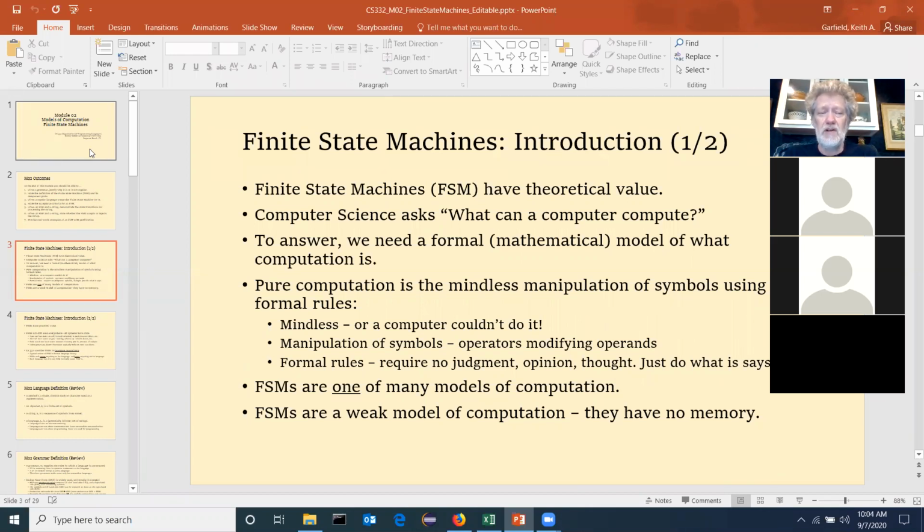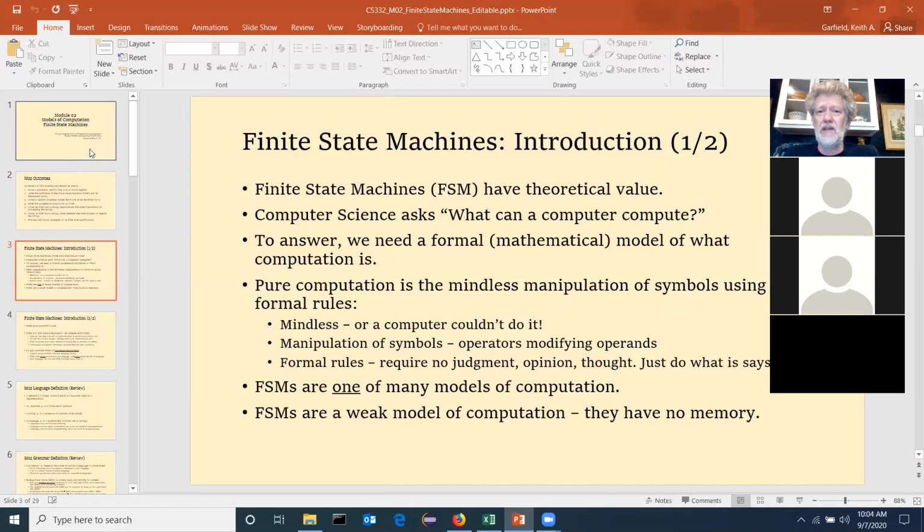We do these theoretical aspects, but we also do some practical aspects, particularly introducing the functional paradigm later in the semester. So the value of finite state machines have both theoretical and practical value. The theoretical value is this, the core question in computer science, the single most important question is, what can a computer compute?